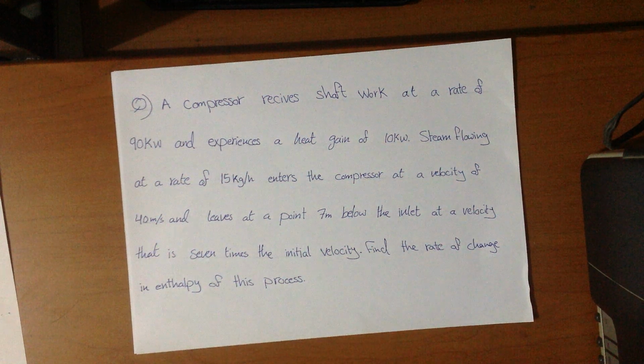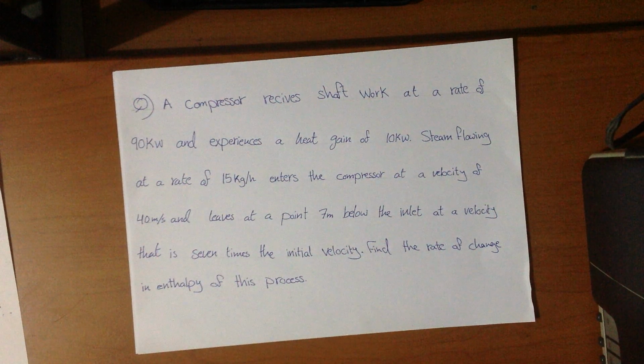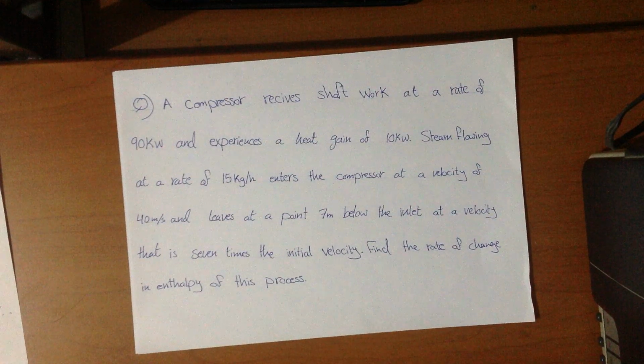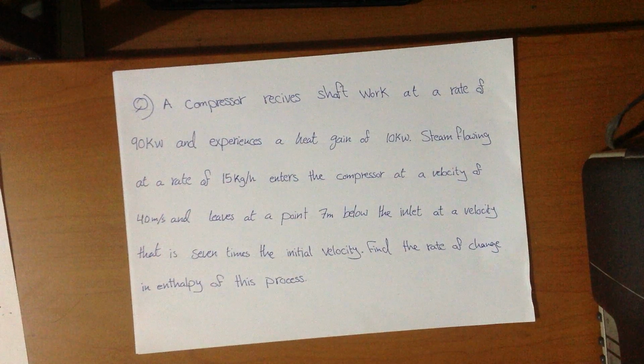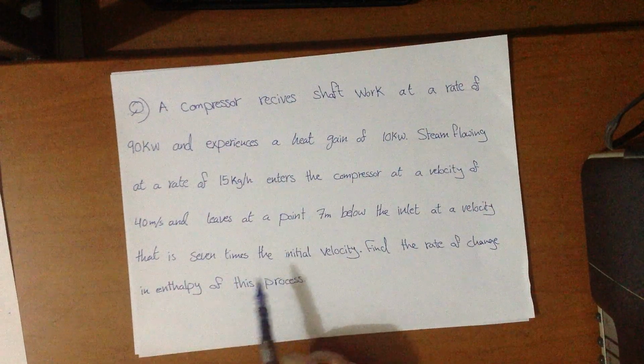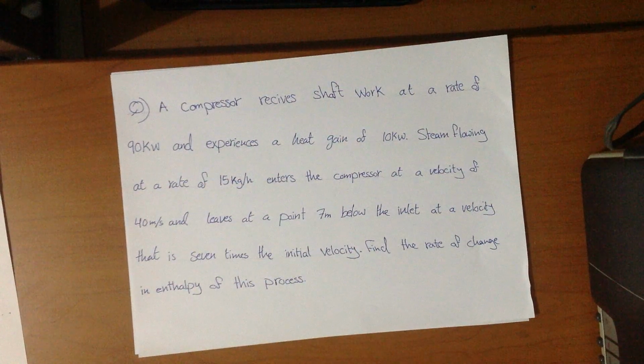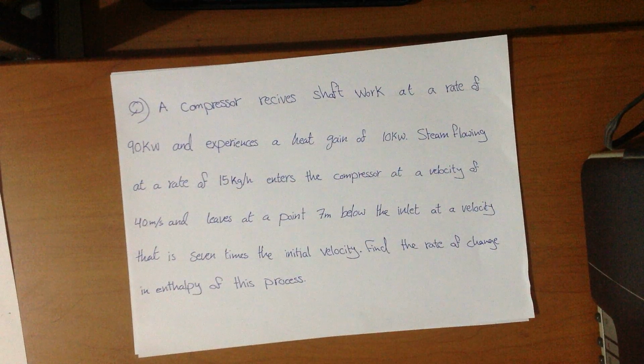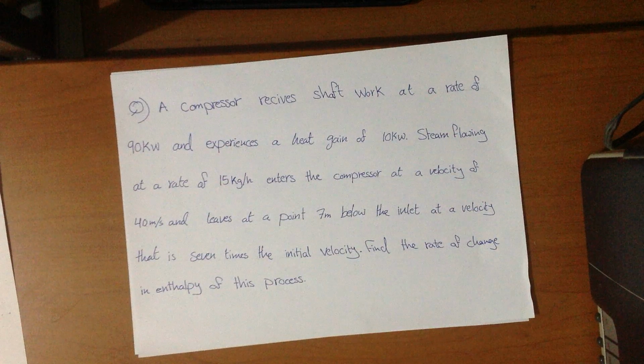Hey everybody, today we're gonna solve a question in an introduction to chemical engineering. The question is that there is a compressor that receives shaft work at a rate of 90 kilowatt and experiences a heat gain of 10 kilowatt.